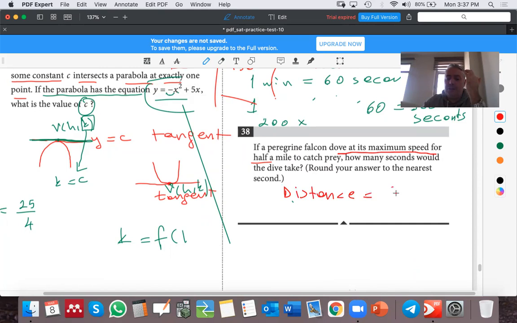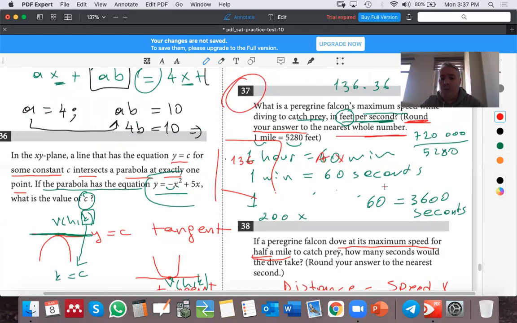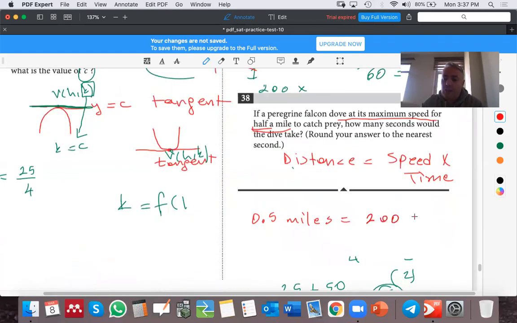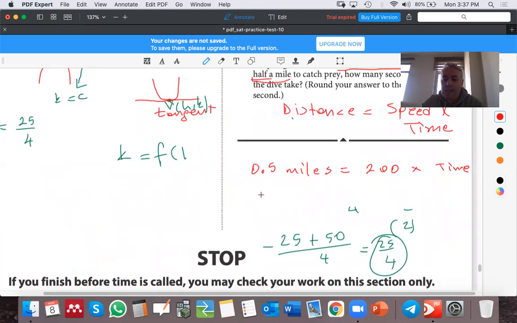Distance is equal to speed times time. Speed times time. Am I right? In physics. So it says that it gets half a mile, so 0.5 miles. What is its maximum speed? 200. So the question is, what is the time? So time will be 0.5 over 200.